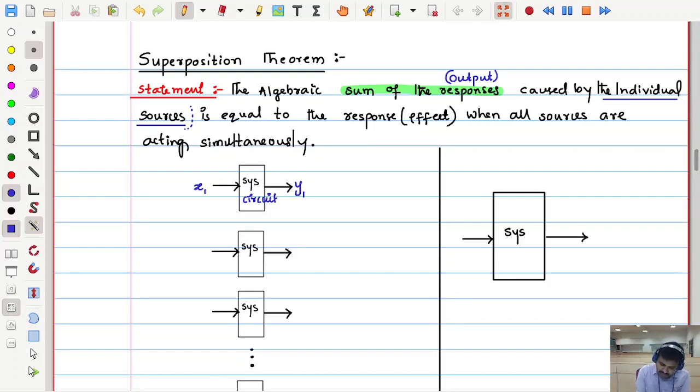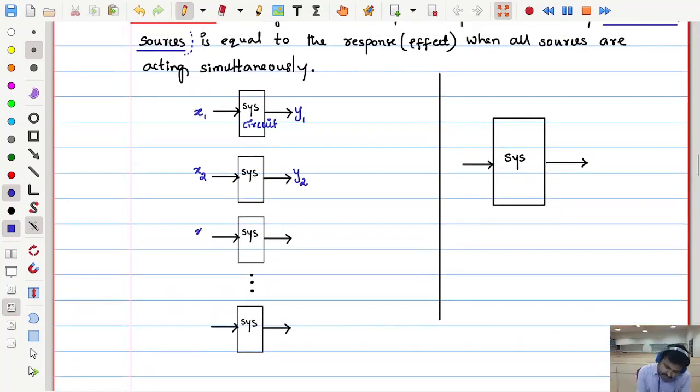For the same circuit, if I give some other input, which may be a different voltage source, then it produces a different output. Its corresponding output is Y2. Like that, if I keep trying various sources, X3 will give an output of Y3, and so on; in general, Xn will produce an output of Yn.